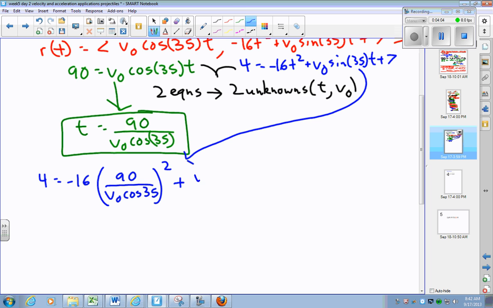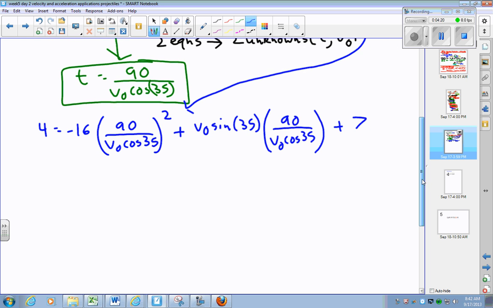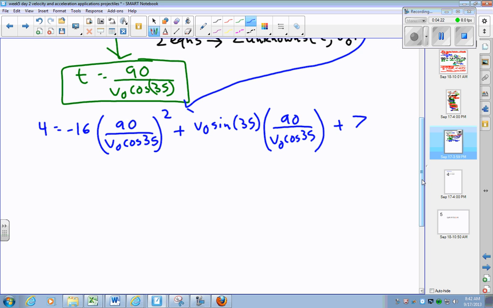Plus v naught sine 35 times my t, which is 90 over v naught cosine of 35, plus 7. Okay. If you stare at this, the only variable I do not have is the v naught.